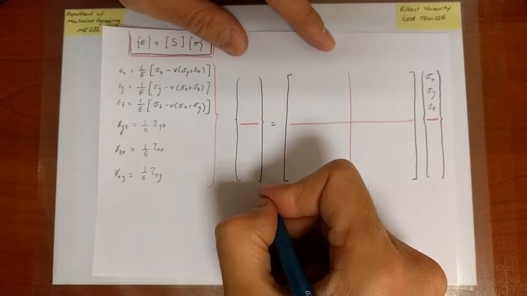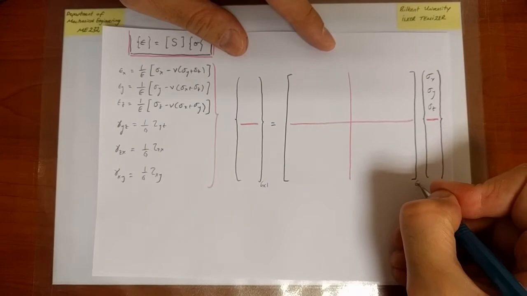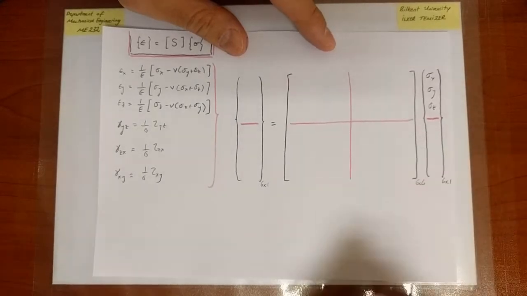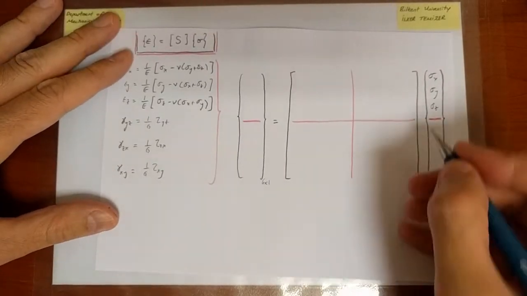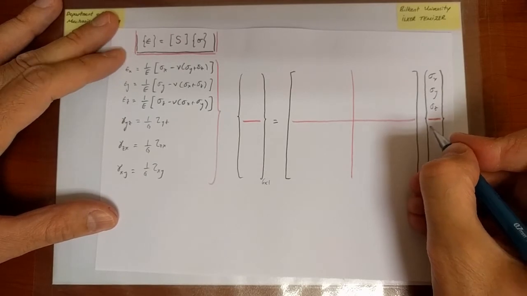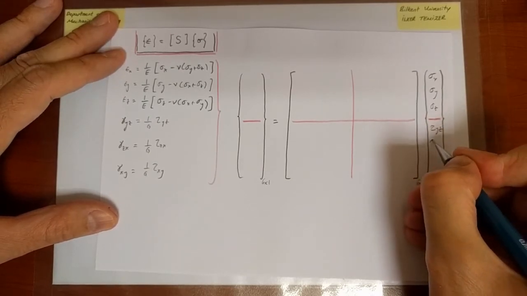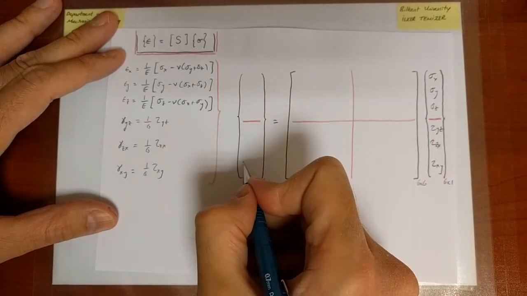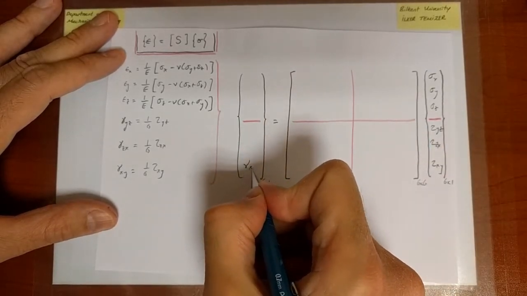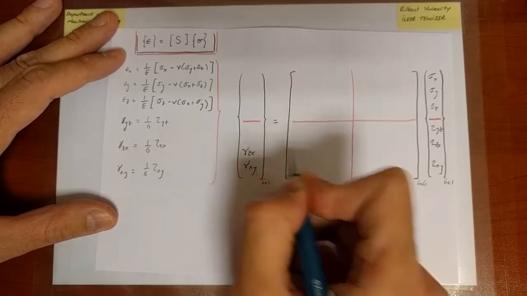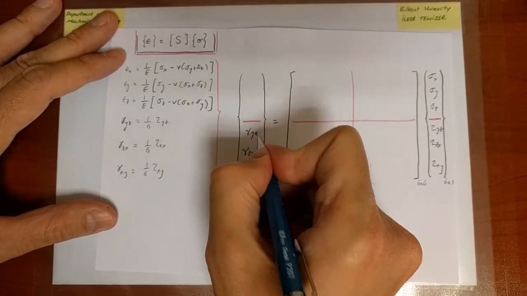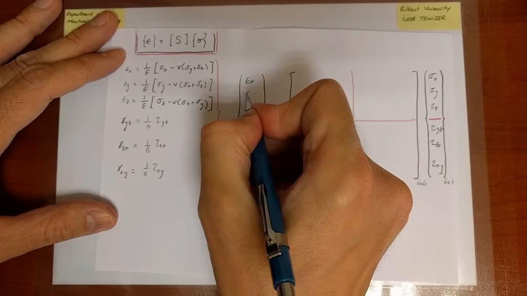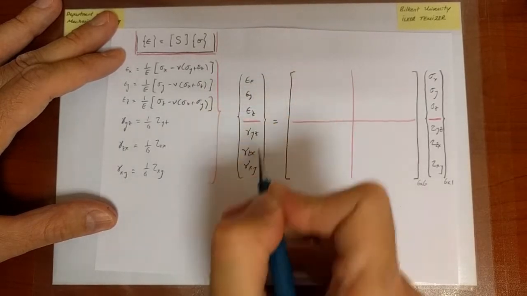I just remember that this is a 6 by 1, this is a 6 by 6, and this is a 6 by 1 array. And so now I have tau yz, tau zx, and tau xy. And here we have gamma yz, gamma zx, same ordering, gamma xy, and here epsilon x, epsilon y, epsilon z.